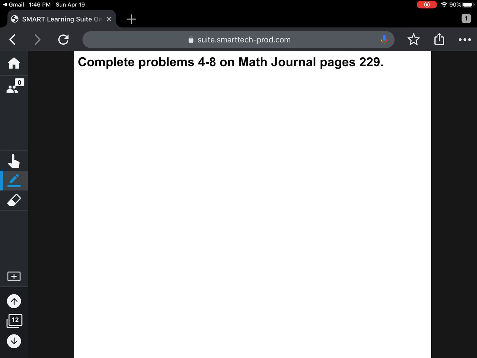Once you have those answered, then you're going to be putting those answers into the Google form. I will have the same exact questions copied from page 229, and you can just put your answers in. That'll show me that you understood the problems. And I'm going to tell you, some of them are kind of tricky, so make sure you're being careful.